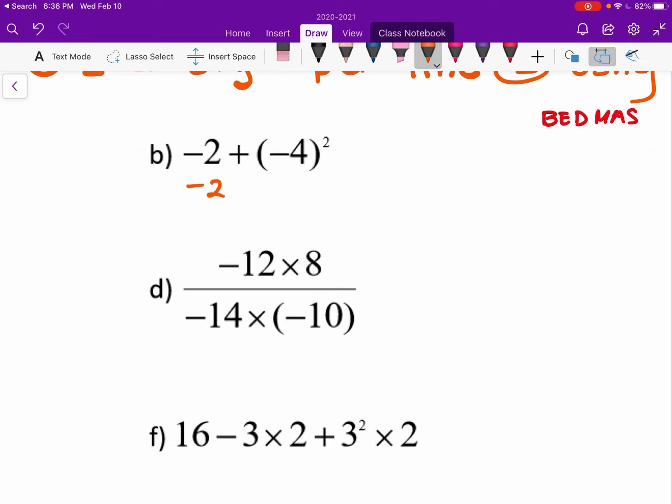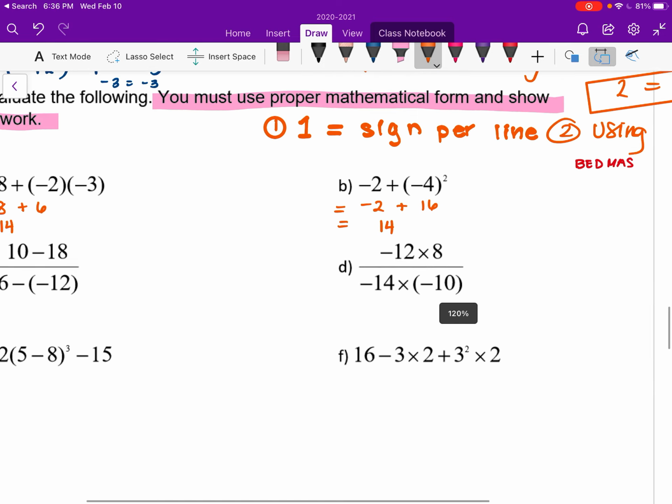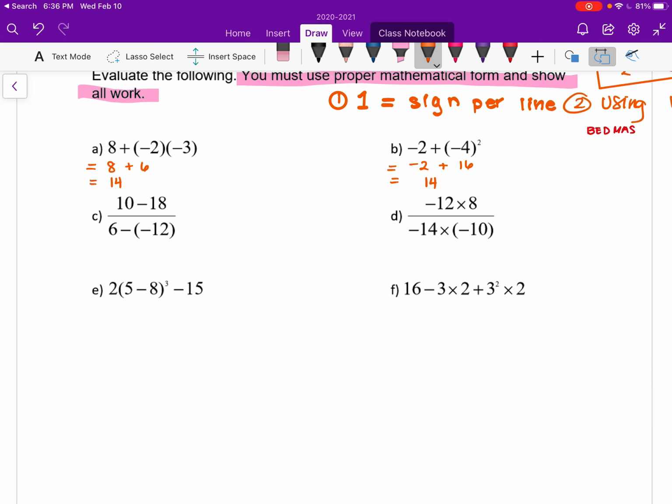Plus 16 equals negative 2 plus 16, which is positive 14 as well. So you try doing C and D on your own now, and then we'll take them up together. Just pause this video, try doing it on your own, and then we can take it up together.